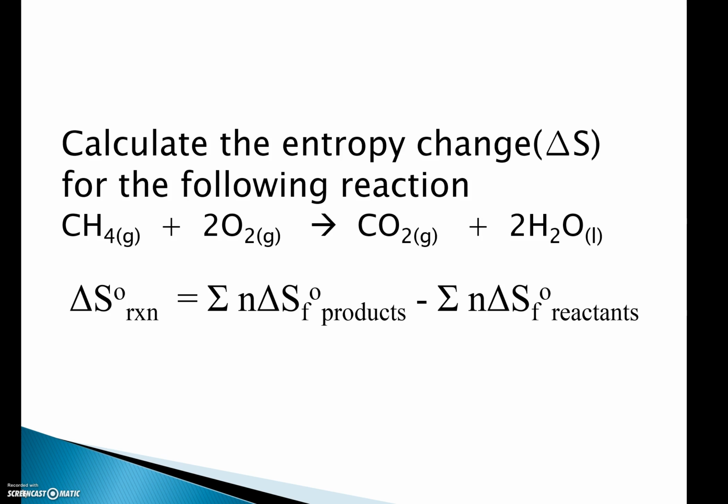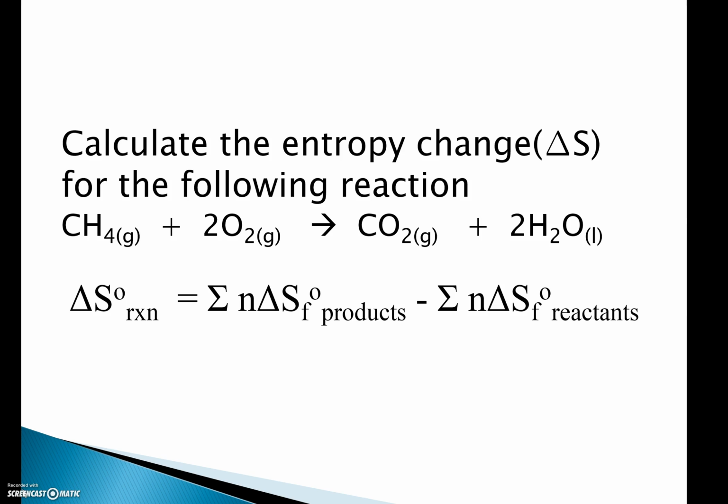When we go to calculate the entropy change for a particular system, we can estimate whether the entropy is going up or down by comparing the reactants to the products, but we can also use the table in the book to calculate what that value would be. We do that in a very similar way to how we calculated the enthalpy change for a reaction.